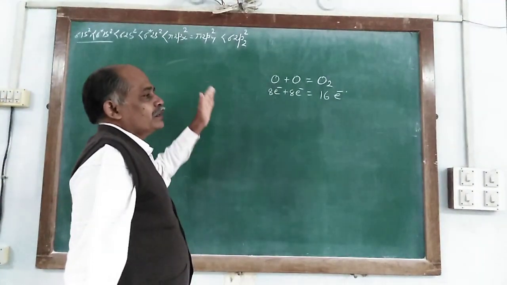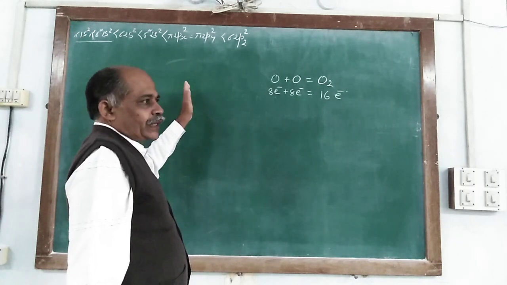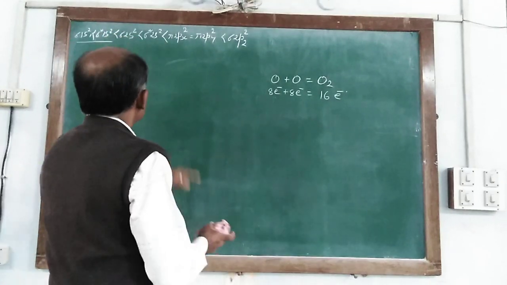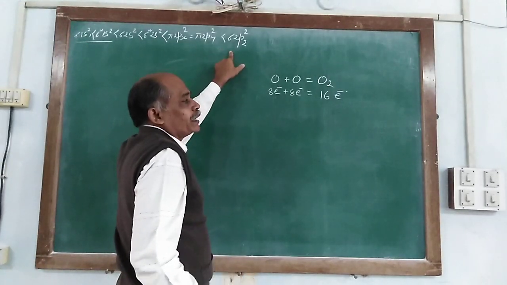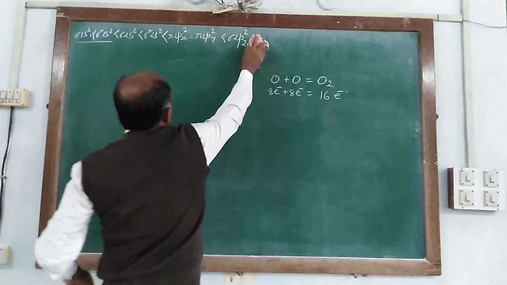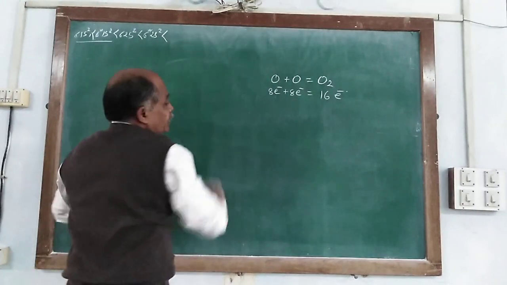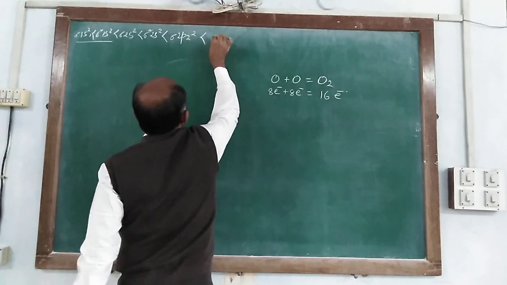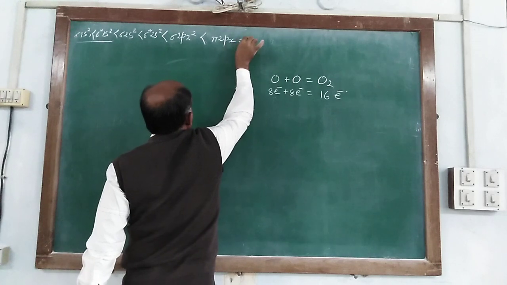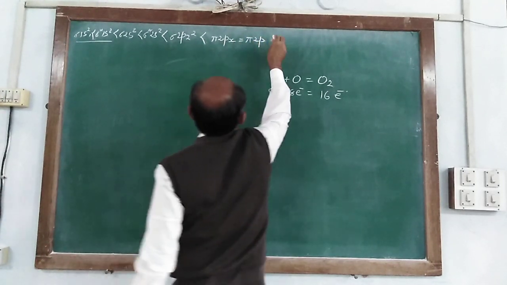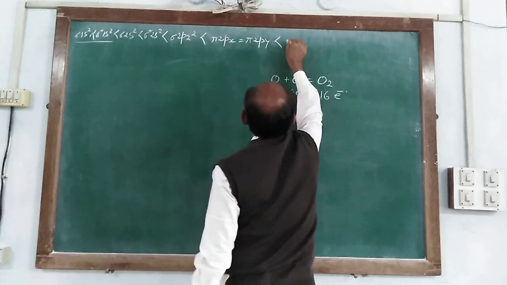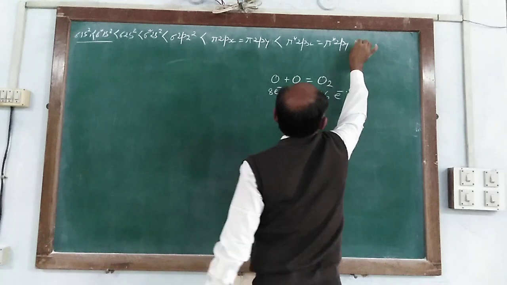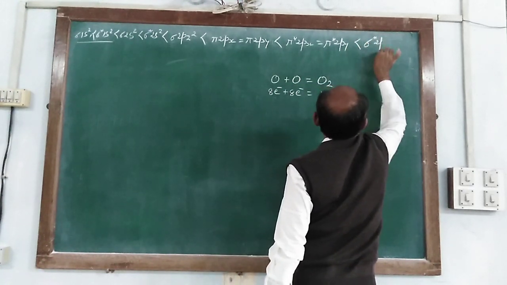So according to molecular orbital theory, when the number of electrons is 14 or more than 14, the order of filling the electrons changes. Here the order is sigma 2pz, then pi 2px equal to pi 2py, and then pi star 2px equal to pi star 2py, less than sigma star 2pz.